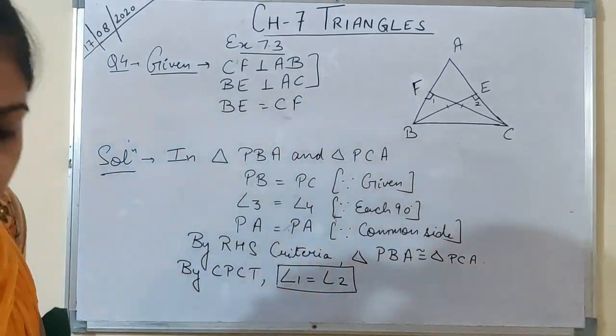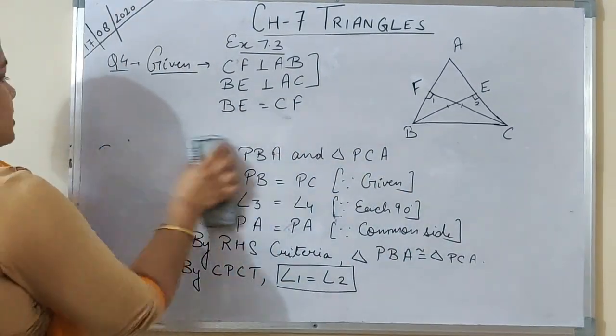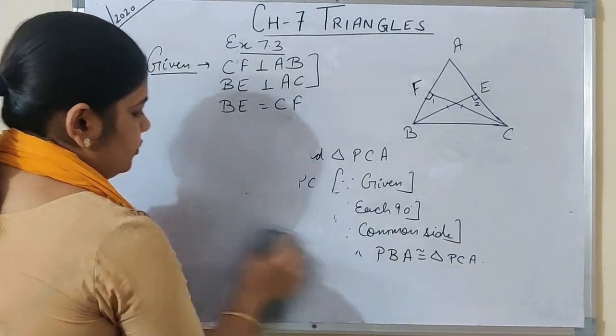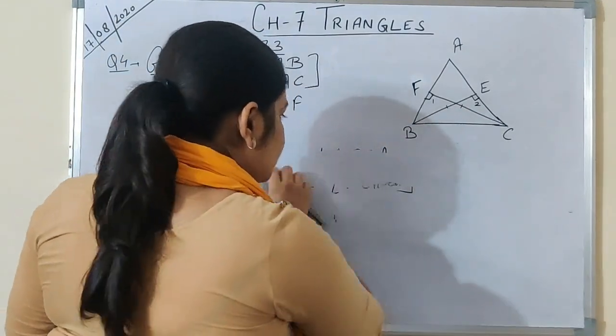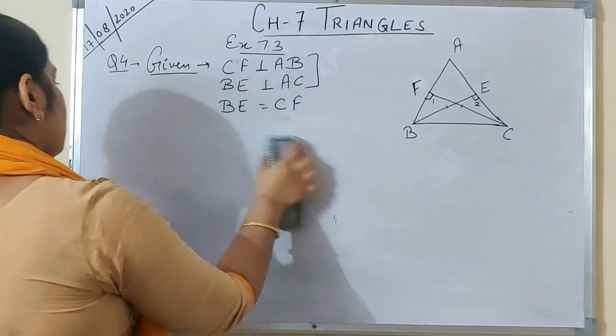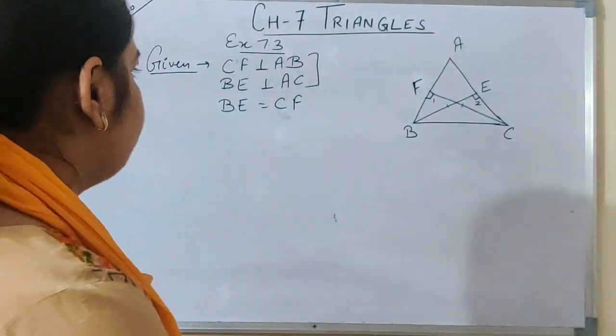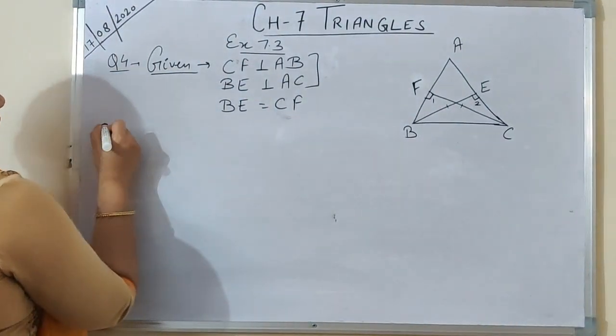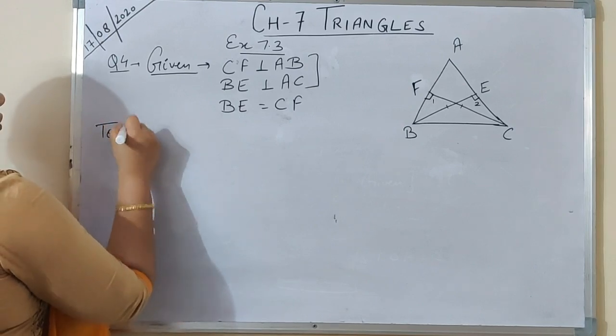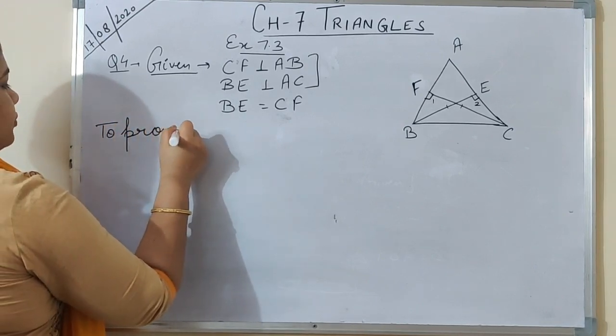Now after this, what we have to prove, and since it is mentioned that we have to use RHS congruency rule, that means we have to prove it by that only. So I am writing here what we need to prove.